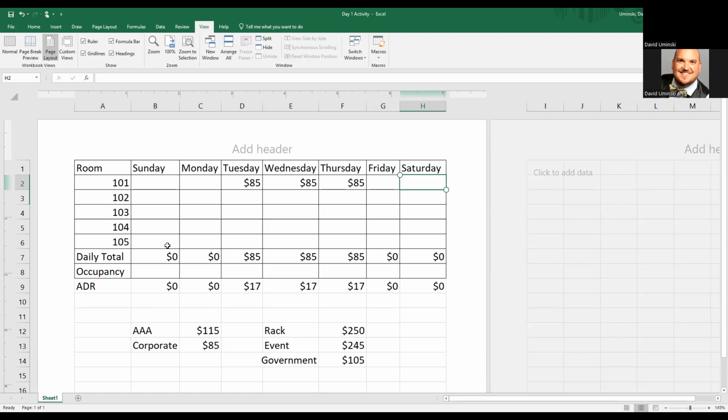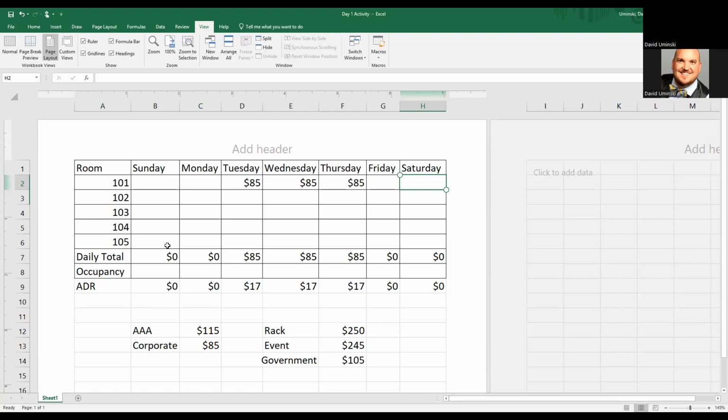Number 13, the event rate checking in Friday for 2 nights. Event rate checking in Friday for 2 nights. Okay. That's it. No more reservations.